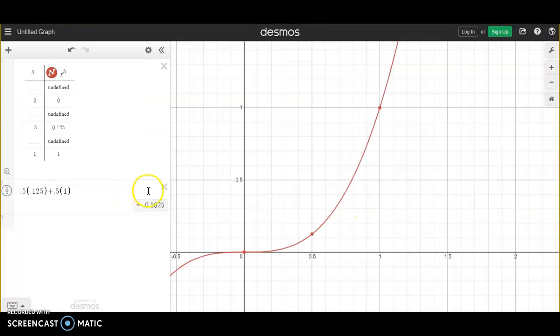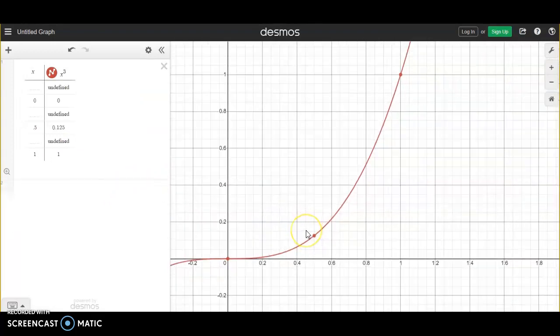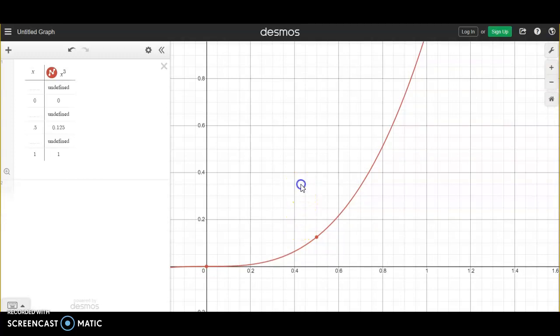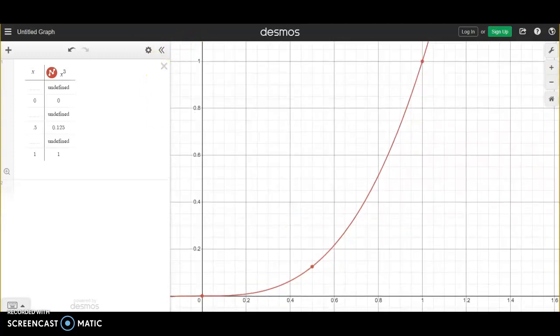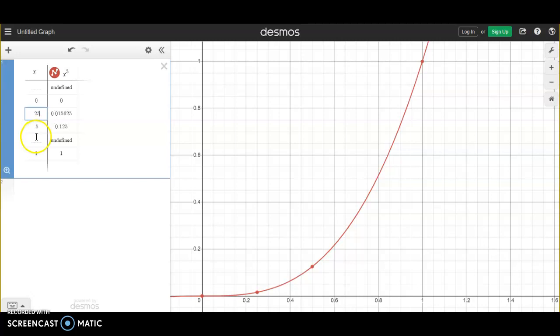And so this time we're going to do the same thing with 4 rectangles. We're just going to scroll it in, and I'm going to get the rectangle tool out. And so once again, I've got to add these values into the table really quick. Okay. Since we're doing the right-hand endpoints of each of these rectangles, so you go from left to right, so this is the base of the rectangle.